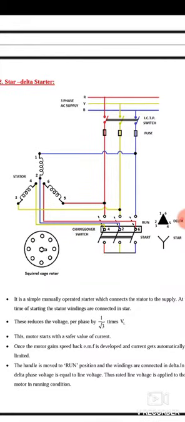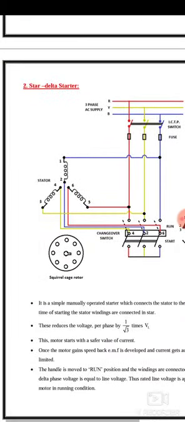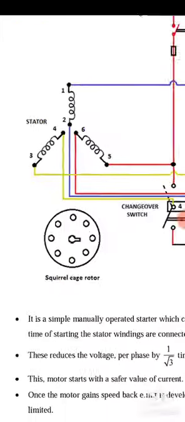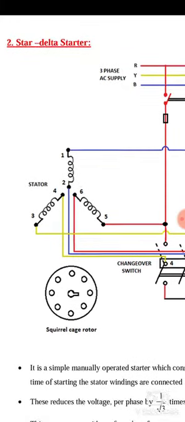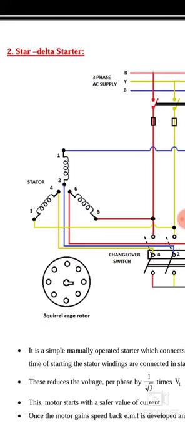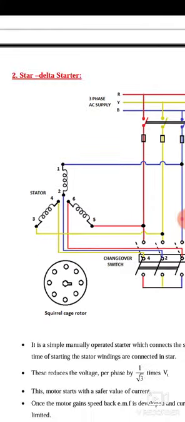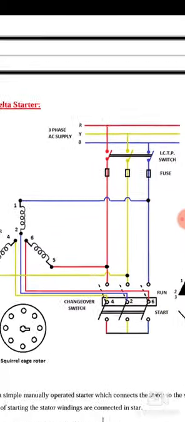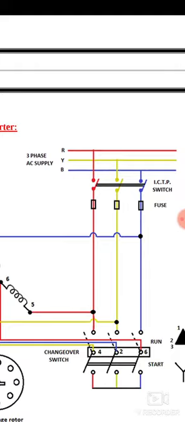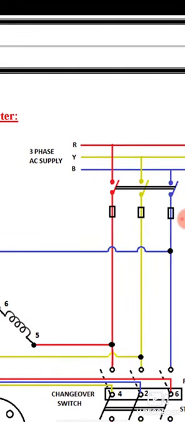Starting with this motor, you can see that the rotor is squirrel cage and the windings are connected in a fashion like it is neither in star nor in delta initially, but it can be in star and delta because of the connections. Now you can see there is a three phase supply which is provided by MSEB.